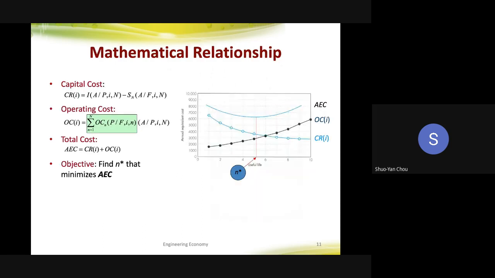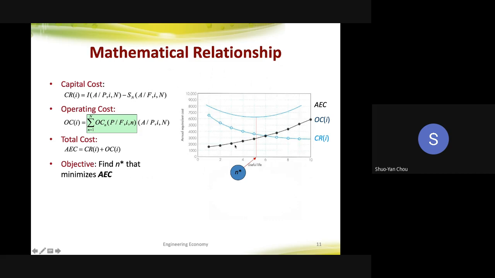Okay, so this will be a very typical situation in many analyses. Usually we have a fixed cost and a variable cost. Here it is not exactly fixed cost and variable cost, but basically the fixed costs will get lower and lower annually as the time gets longer, and the so-called variable cost will go up as time goes longer.